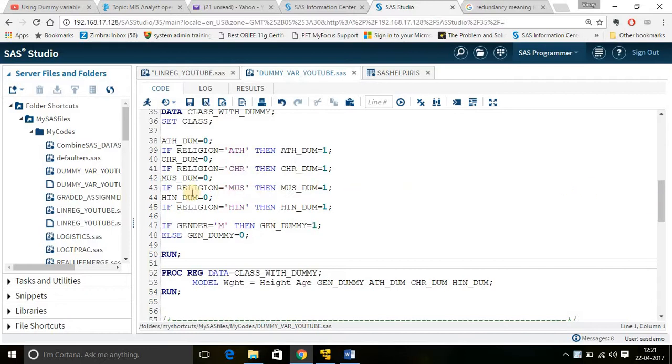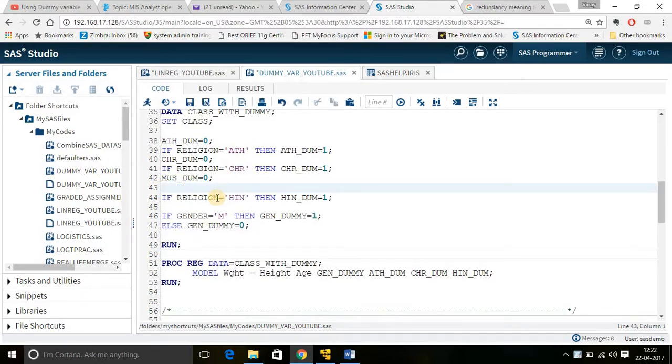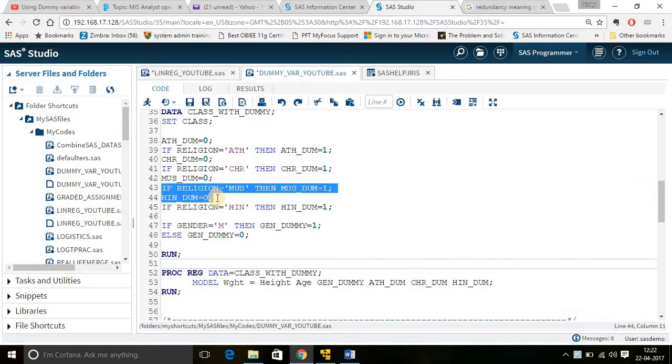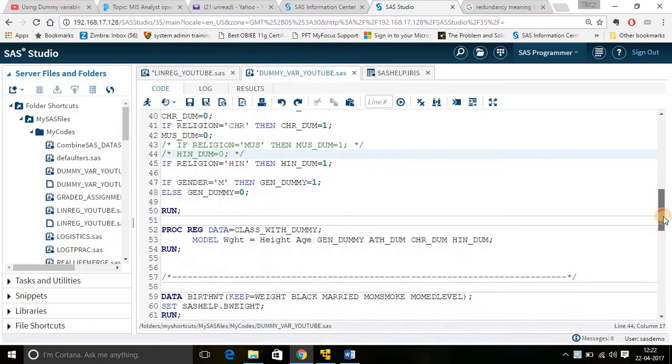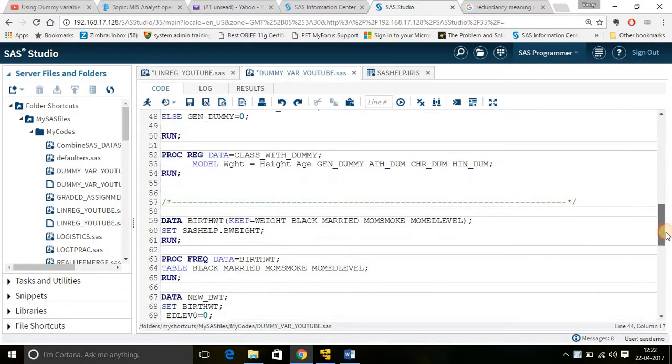Since we do not use Muslim, we may simply delete it. You need not create 4 different dummies. Just to show you, I created it. I will just comment it out so that it won't come. It is just a waste of code to create extra dummies.